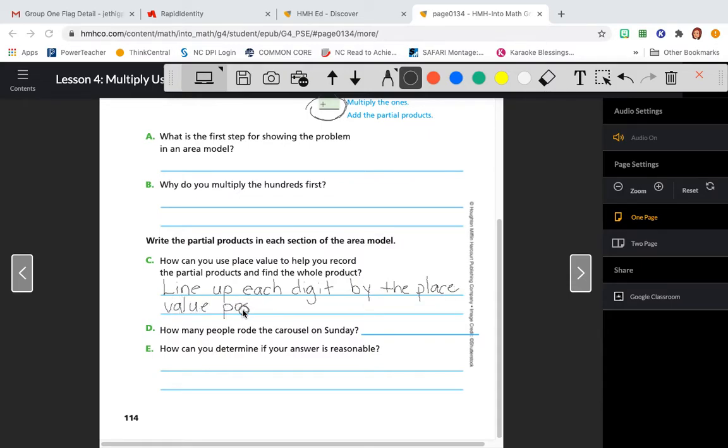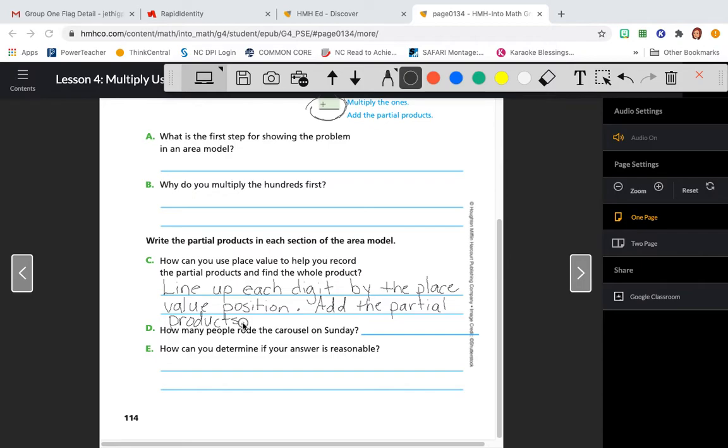So what that's saying is we line up all of our hundreds, we line up all of our tens together, we line up all of our ones together. And then you add the partial products.